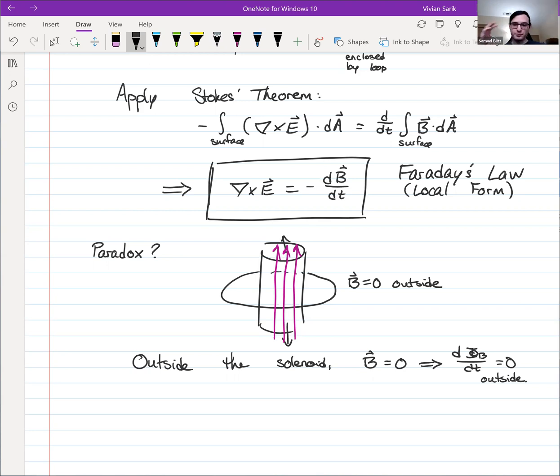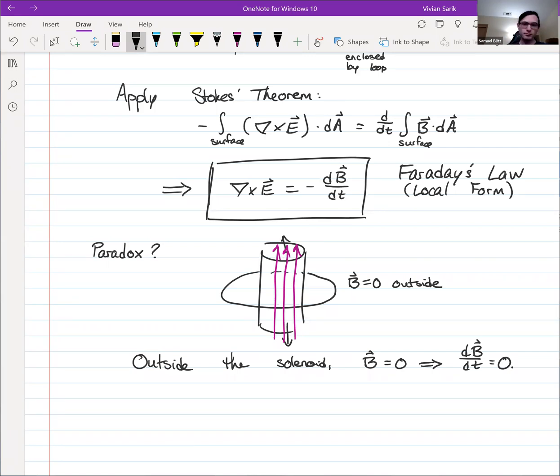That's also true, but more importantly, the time derivative of the magnetic field outside is also 0, right? If the magnetic field is 0 outside for all time, regardless of what the magnetic field inside the solenoid is doing, that means that the rate of change of the magnetic field is 0.